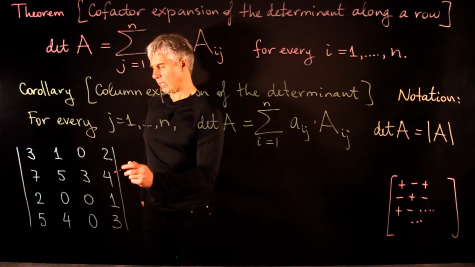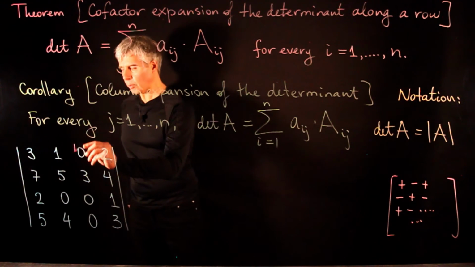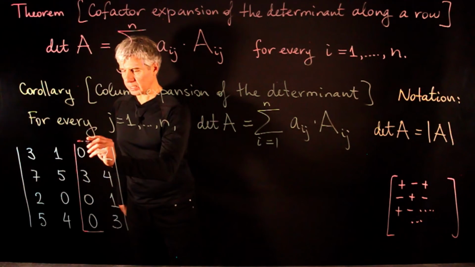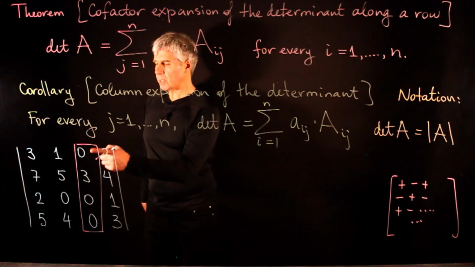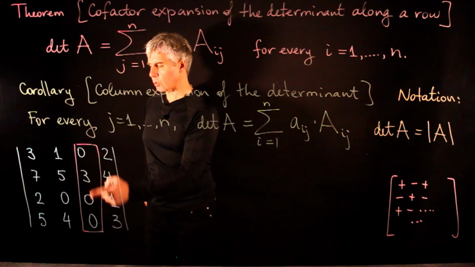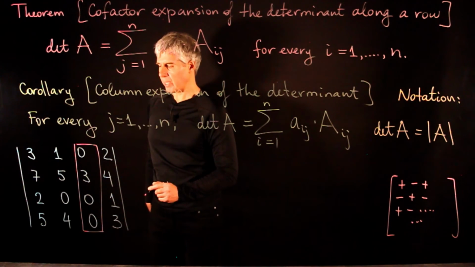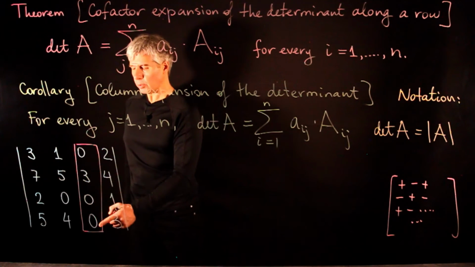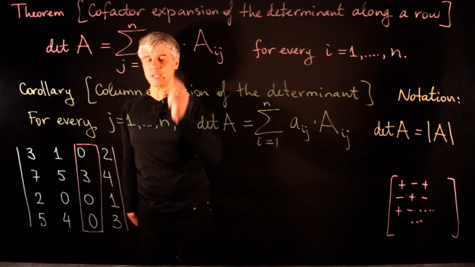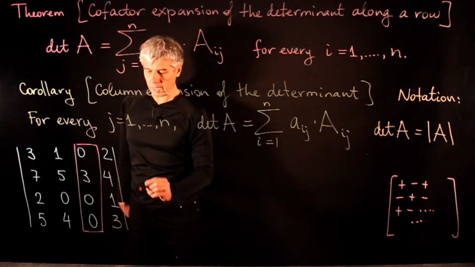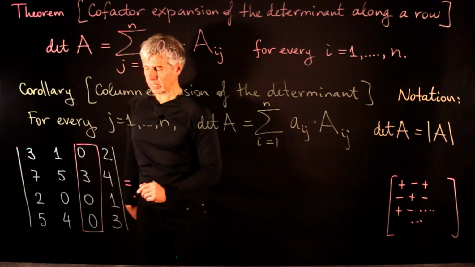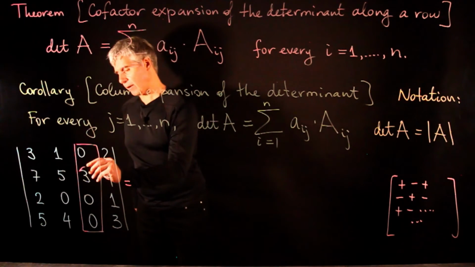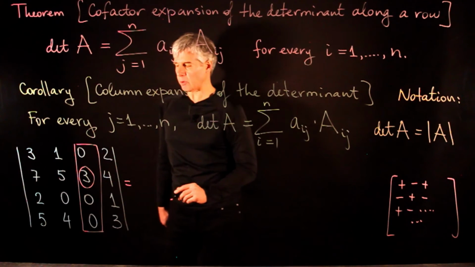Here we see that the third column in this matrix has many zeros. If we take the cofactor expansion of the determinant along the third column, then most of the terms will vanish because a_ij will be equal to 0. And so we have here a single non-zero entry.